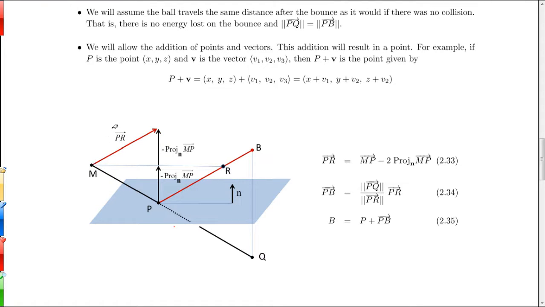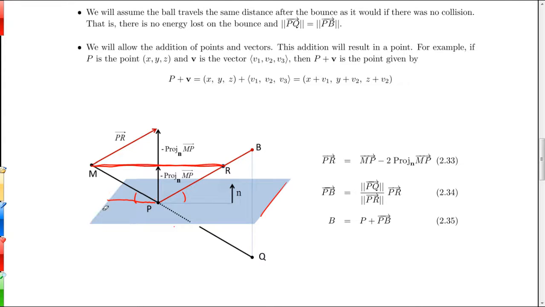What's worth pointing out is I wanted this angle to equal this angle, right? Well, if you notice, I'm going straight across this projection from M across the normal to R. That's parallel to this plane, right? So this line here is parallel to this line here.